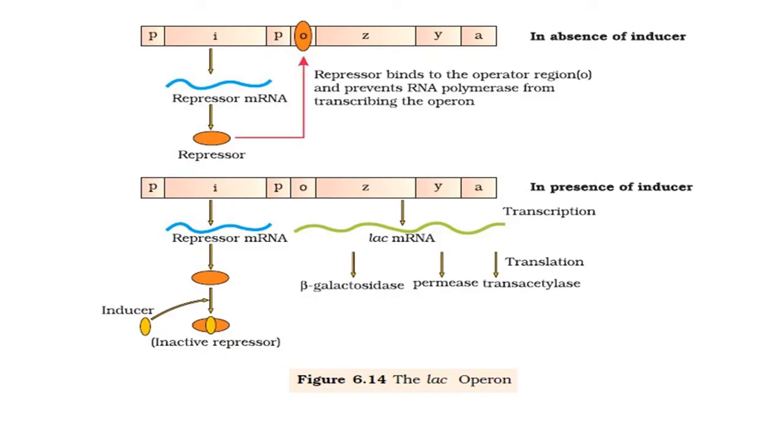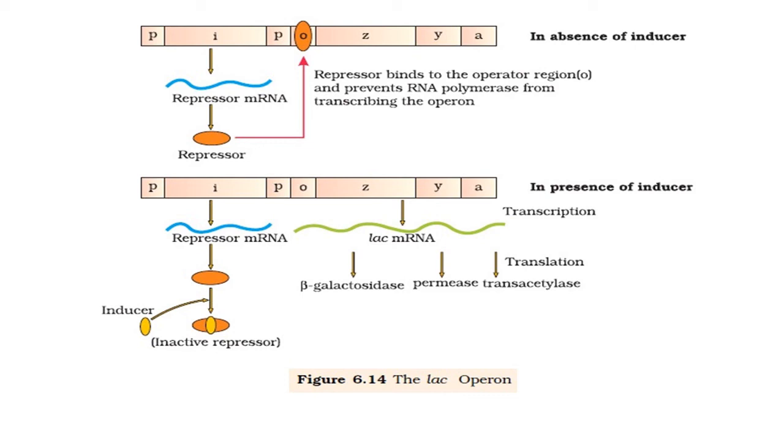This figure gives a clear idea about the lac operon. Here in this composition you can see the structural genes Z, Y, A. So all four types of genes, small i, small z, small y and small a, you can see here. In the absence of inducer and in the presence of inducer, which different mechanisms take place, we can study here clearly.